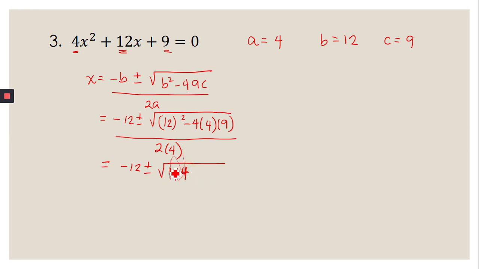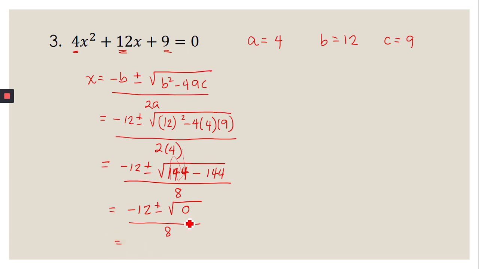And then 4 times 4 is 16 times 9, that is also 144. You can use the calculator if the number is big. 2 times 4 is 8. Okay, so negative 12 plus minus the square root of 144 minus 144 is 0, all over 8.